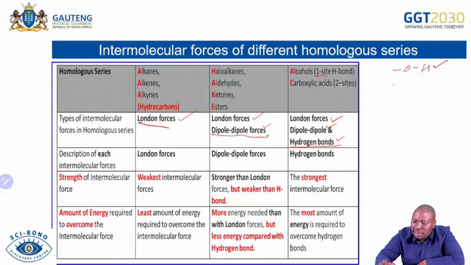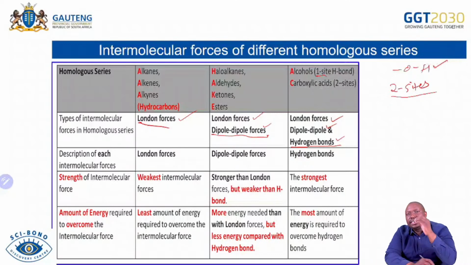But carboxylic acids have two sites, because of the presence of two oxygens, so they have two sites of hydrogen bonds. Hence, carboxylic acids have the strongest intermolecular forces, because they are able to form two hydrogen bonds as compared to alcohols, which form one hydrogen bond. I hope you understand that and are able to move with that with no challenge.